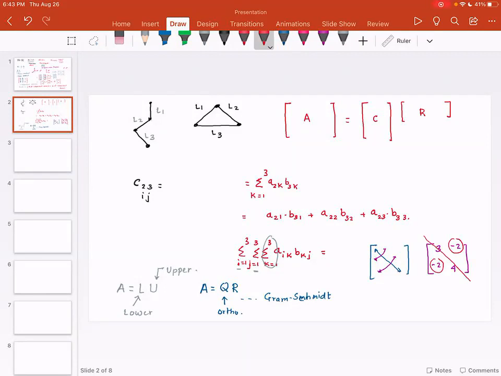There is a special case, and that is Professor Gilbert Strang's favorite matrices. Those are called symmetric positive definite. In a symmetric positive definite matrix, it's again symmetric, but the eigenvalues are all real and positive.